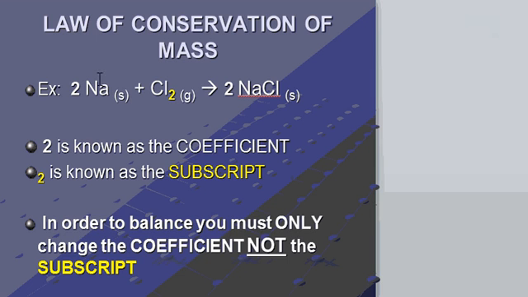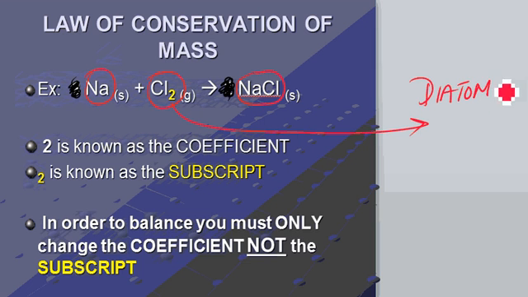So that means now if we go back to our skeleton equation, let's just ignore this right here for a minute. We know when we want to make sodium chloride, we must need sodium and we must need chlorine. Don't forget, this is a diatomic molecule.